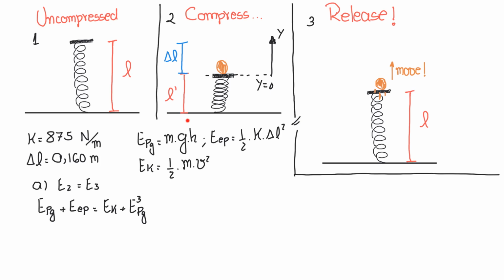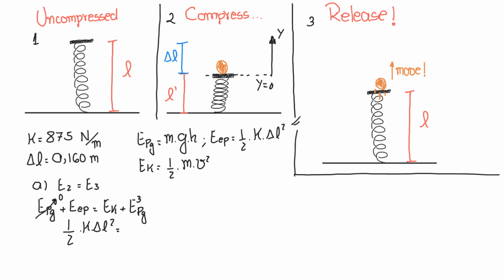Then, using these expressions in this reference frame for situation number 2, we have the following. The potential gravitational energy is just 0 because the height in this situation, according to my reference frame, is 0. So it vanishes. And then we have the elastic potential energy, which is given by 1/2 elastic constant times deformation squared.